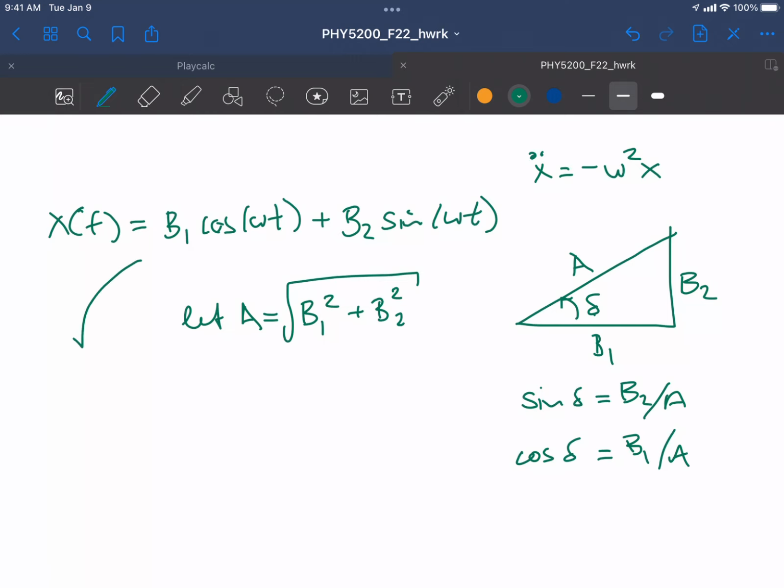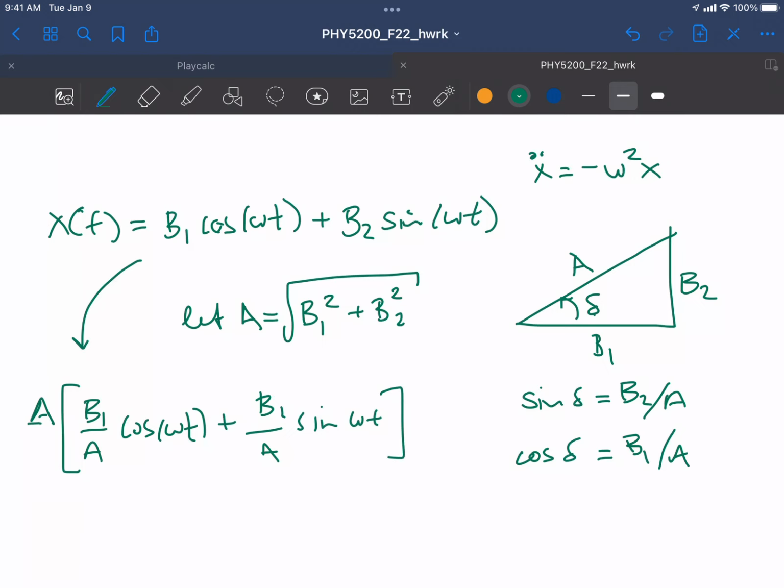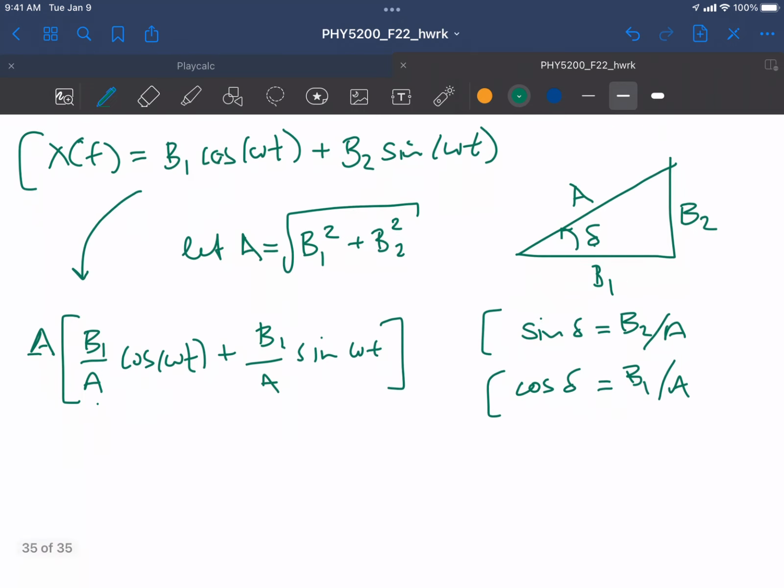Okay, so that means that we can do a fancy trick. We can multiply and divide both terms by a. It's not all that fancy of a trick. So we have b1 over a cosine omega t plus b2 over a sine of omega t, and we multiply the whole thing by a. This function and the one I just wrote are the same. But b1 over a is cosine of delta, and b2 over a is the sine of delta.